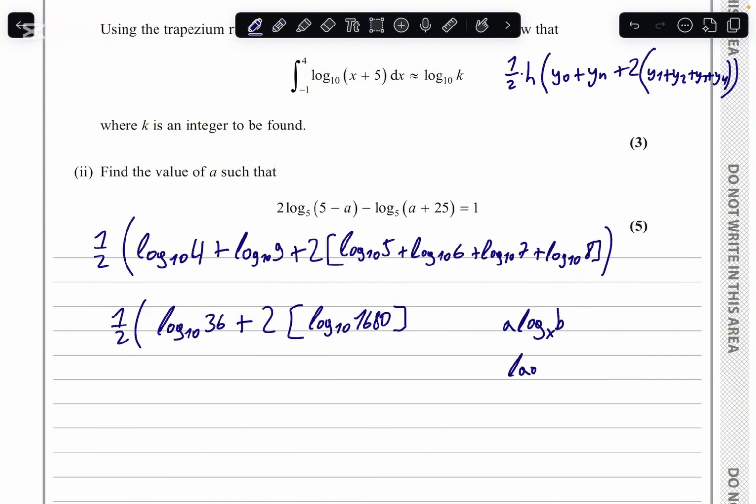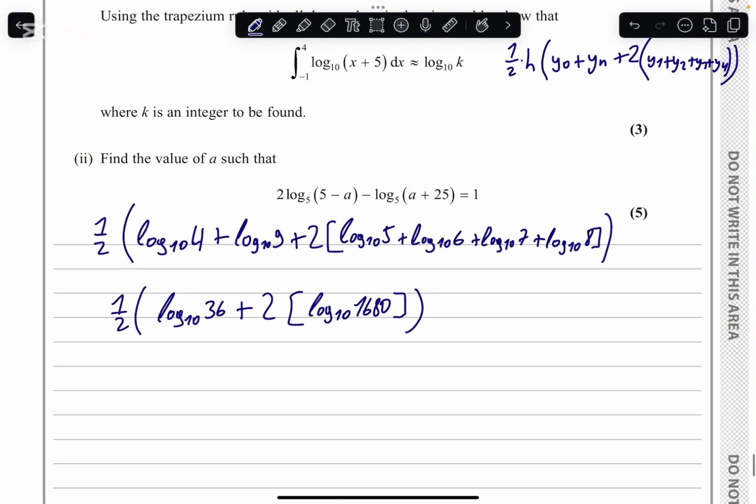Now another identity that we need to know is that a times log of b base x is the same as log base x of b to the power of a. So we can go ahead and finish this off. Half of log base 10 36 plus log base 10 1680 to the power of 2 gives us log of 2,822,400 base 10.